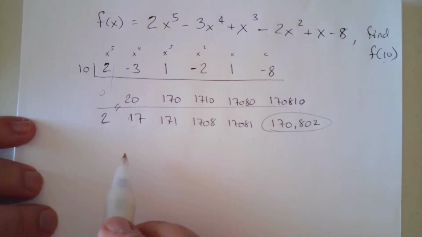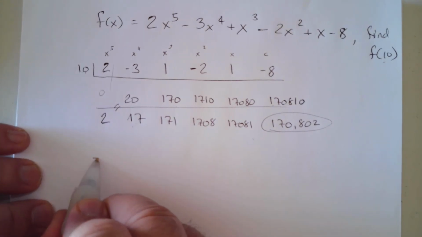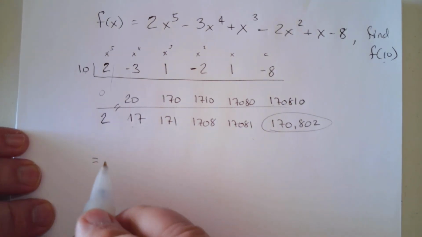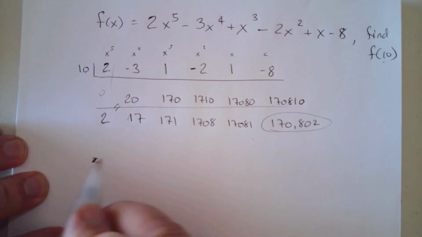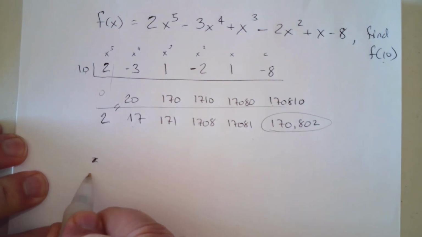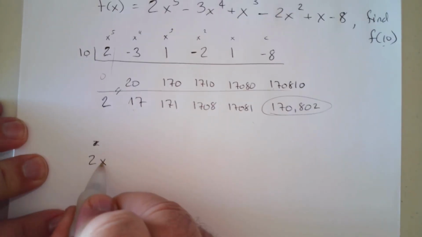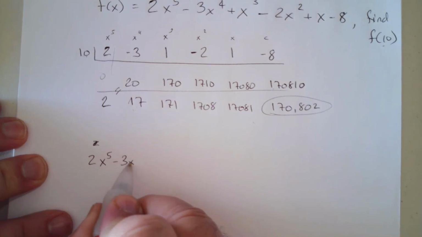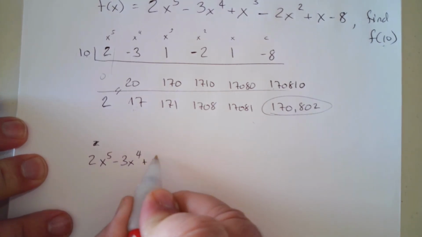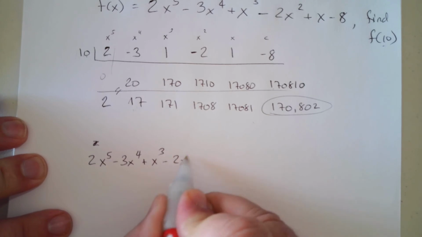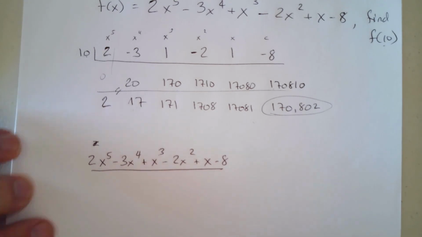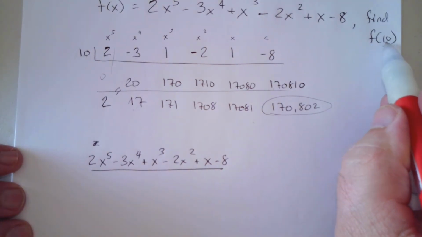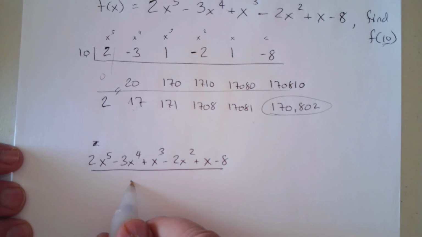You would write the answer this way. This is your polynomial: 2x to the 5th minus 3x to the 4th plus x cubed minus 2x squared plus x minus 8 over, since I'm finding f of 10, this is my 0, the bottom would be x minus 10.